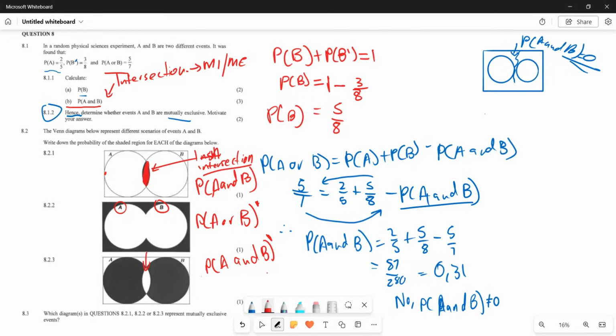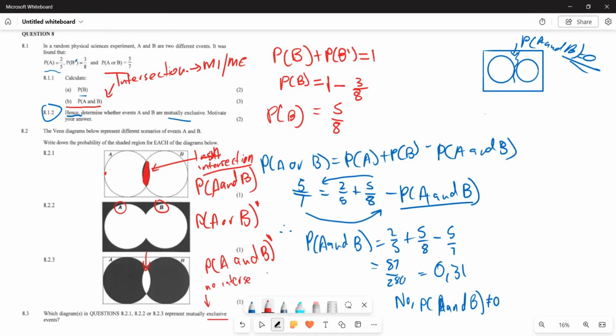And now the last question. They say which diagram or diagrams in 8.2.1 represent mutually exclusive. Remember, for mutually exclusive we said there is no intersection.